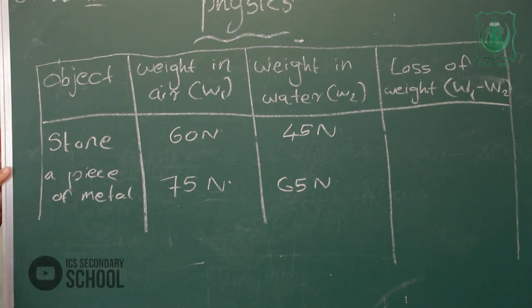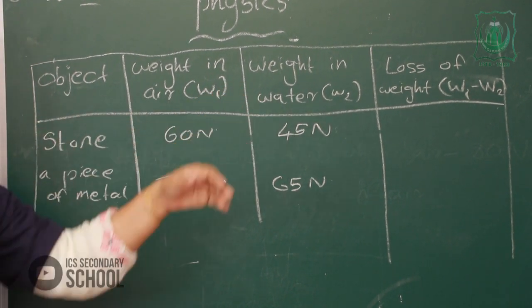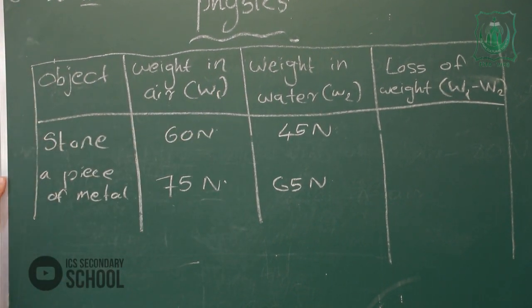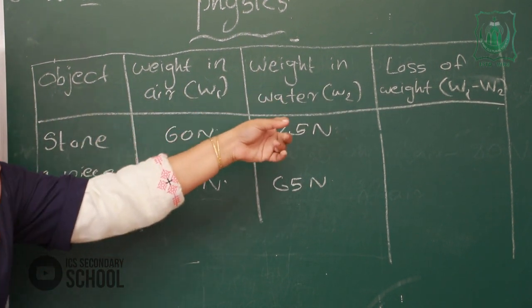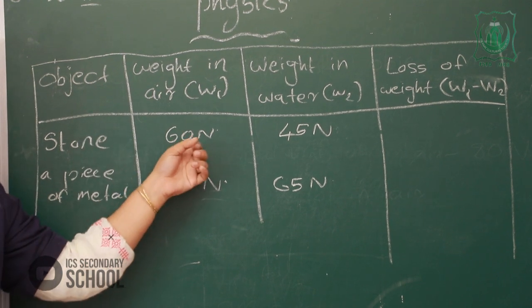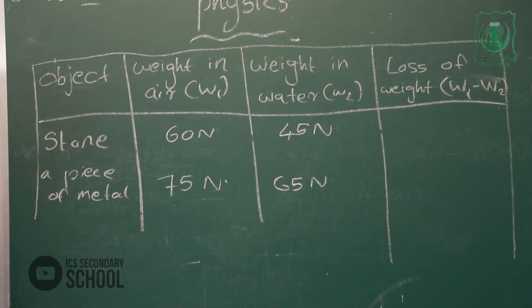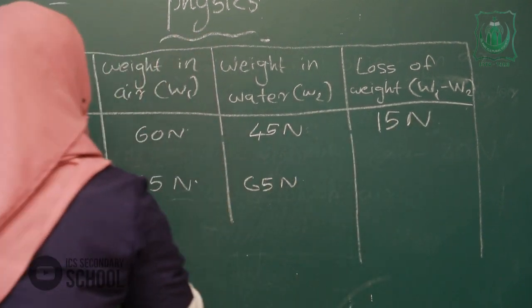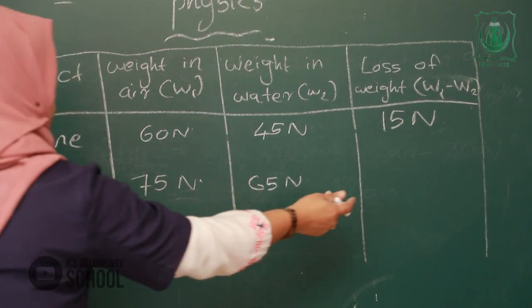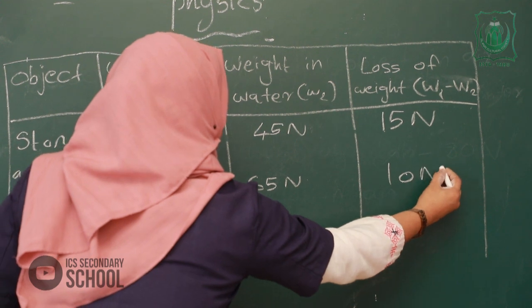By the given values, how can we find the loss of weight? Yes, W1 minus W2. What do we get for the loss of weight of the first stone? 60 minus 45. Yes, that is 15 Newton. What is the second one? 75 minus 65? 10 Newton.